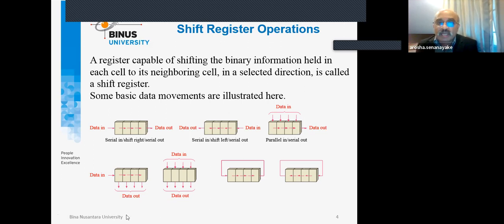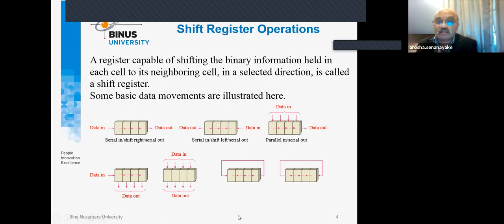At the same time, of course, you can have data in and data out in parallel. So what is the idea behind that? We have to store data that comes in D-type flip-flops before being forwarded to the next level or next execution. That is the whole purpose of it, data in, data out.